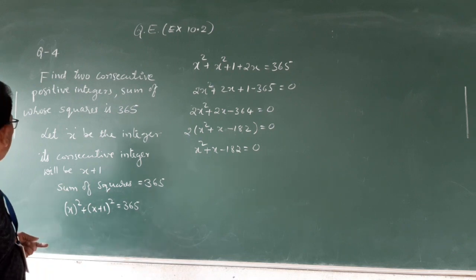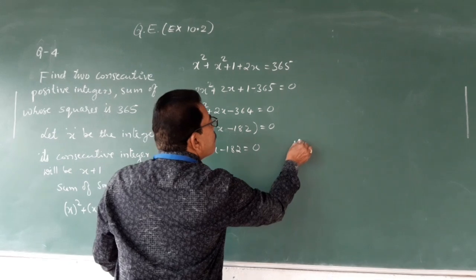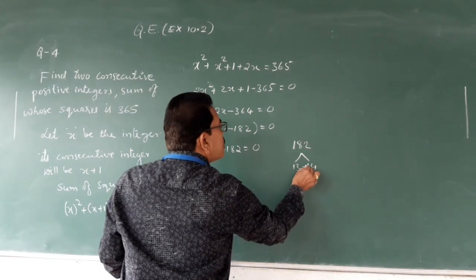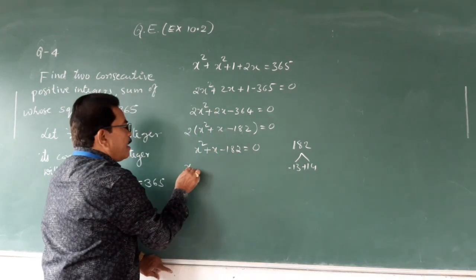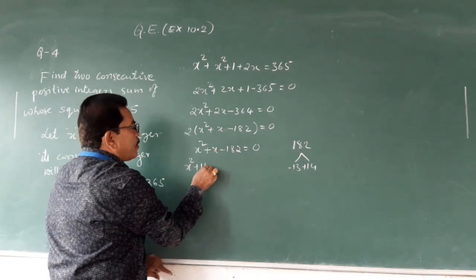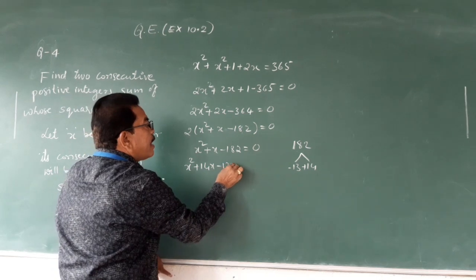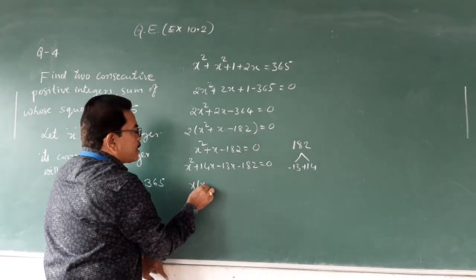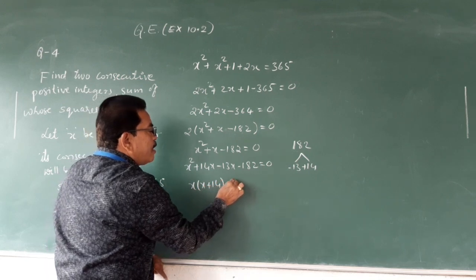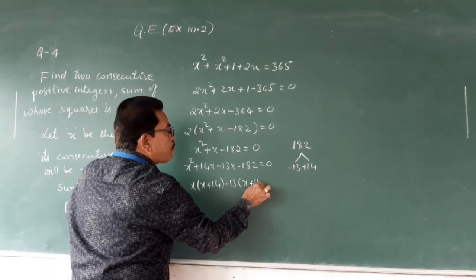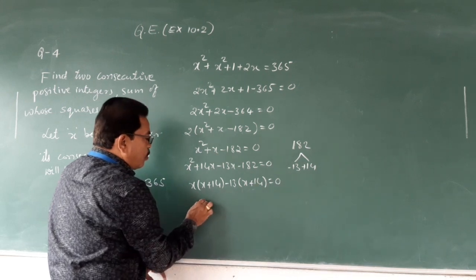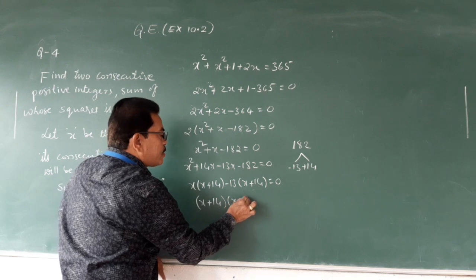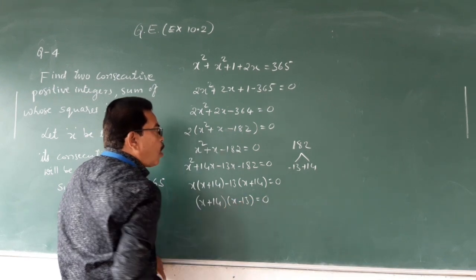See, 13 14s are 182, that is plus or minus. Okay, x square plus 14x minus 13x minus 182 equals 0. x in the bracket x plus 14, minus 13 in the bracket x plus 14 equals 0.